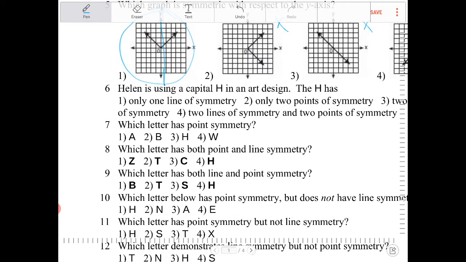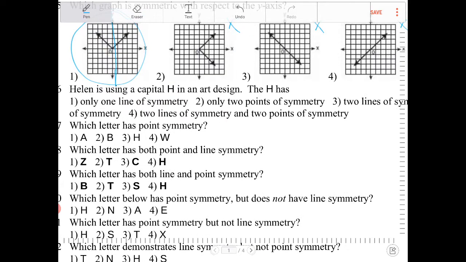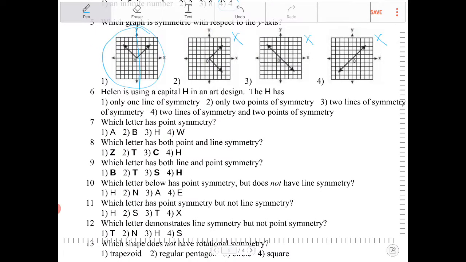Helen is using a capital H in an art design. The H has only one line of symmetry. No, that's not true. Only 2 points of symmetry. That's not true either.